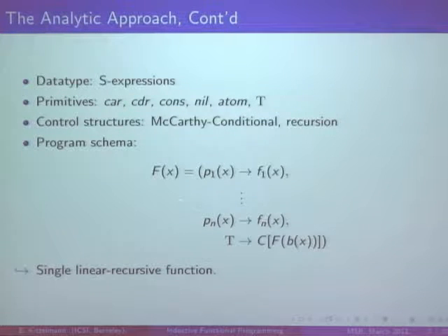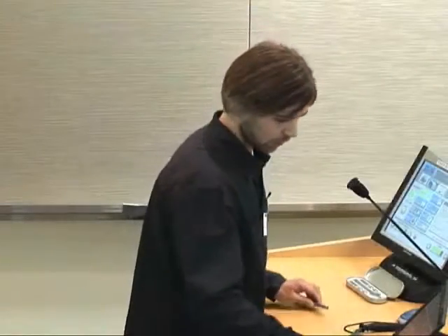These are the base cases of the recursive definition, and then as last case we have a recursive call embedded into some context. That is again an expression over car, cdr, and cons. And we have this x substituted by some composition of car and cdr. So we make it somehow smaller. Okay, so this is a single linear recursive function over these primitives.